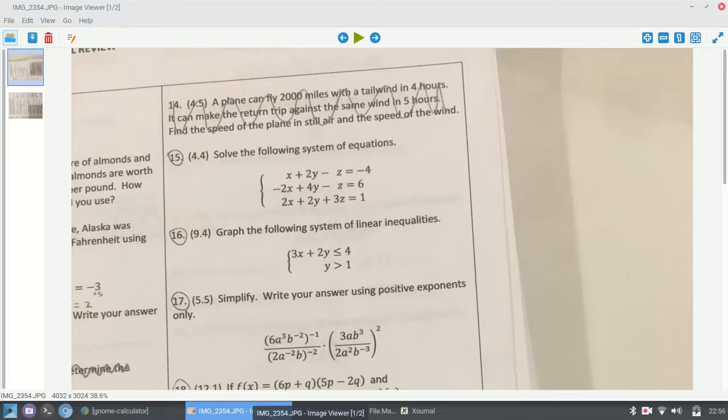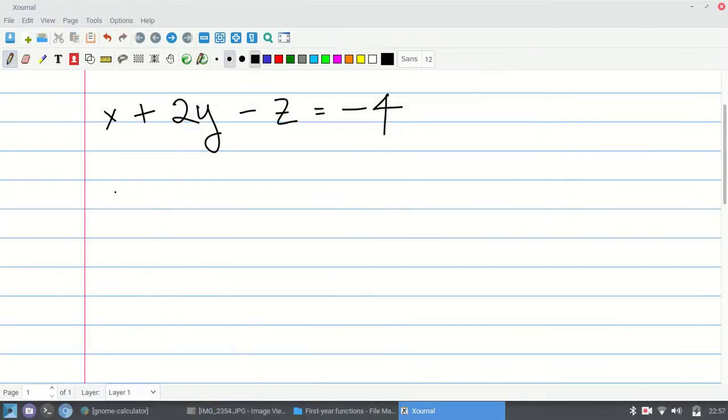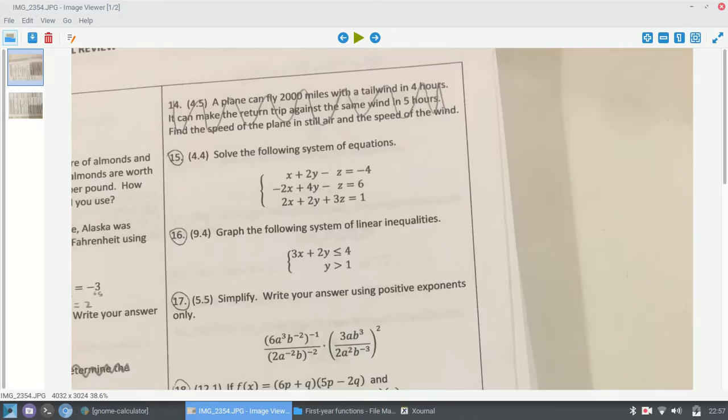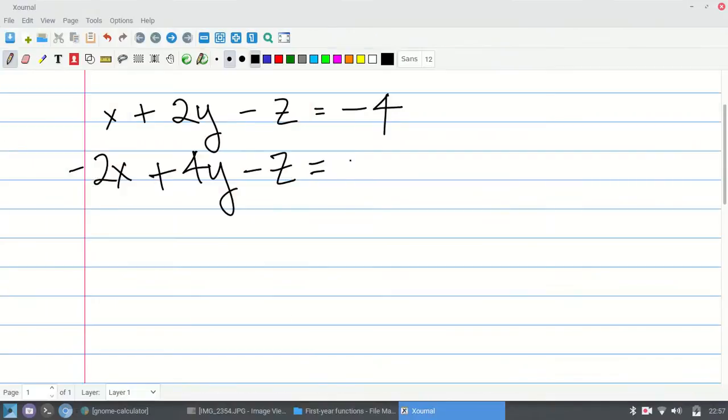This is going to be a pain, right? So negative 2x plus 4y, I believe. It's going to be a pain in terms of writing down, is all. Minus z equals 6.